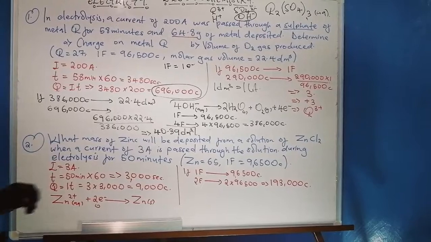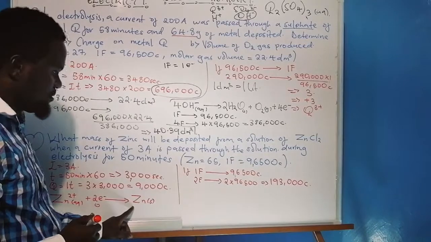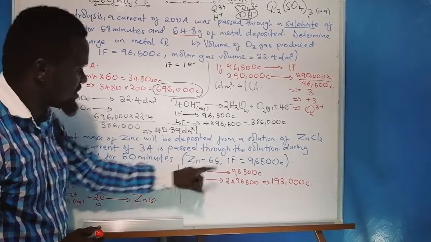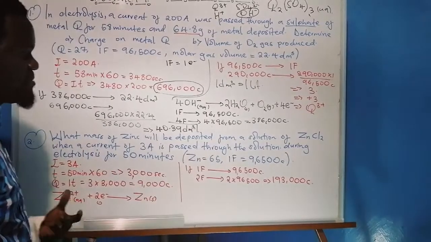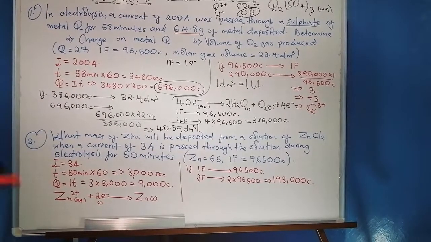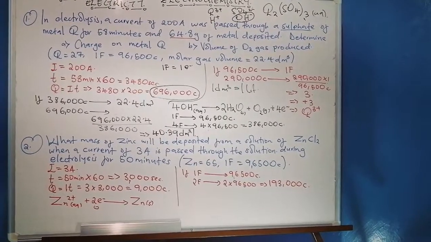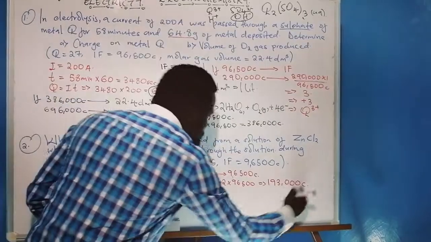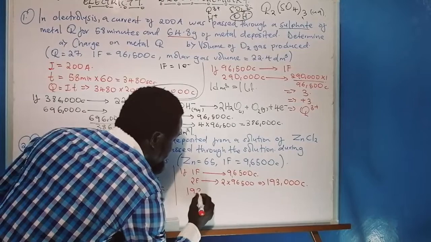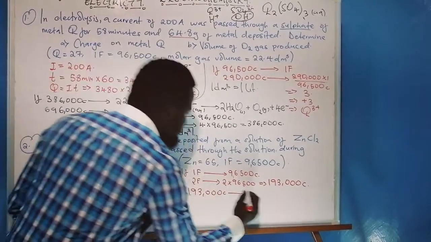Now, this 2 Faradays gives me 1 mole of zinc, and 1 mole of zinc is 65 grams. Remember, when I tell you zinc is equal to 65, it means that that is the molar mass of zinc. 1 mole of zinc occupies, not really occupies, but is equivalent to 65 grams. So that is the same question I'll ask myself. This quantity of electricity, 193,000 coulombs, produces how many grams of zinc? 1 mole of zinc, which is 65 grams.